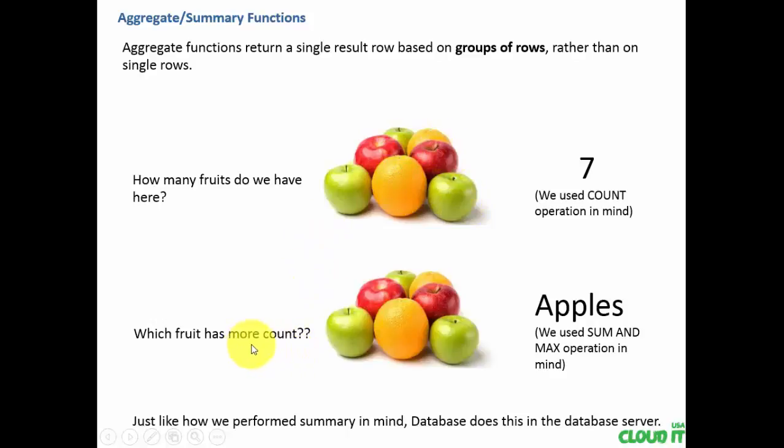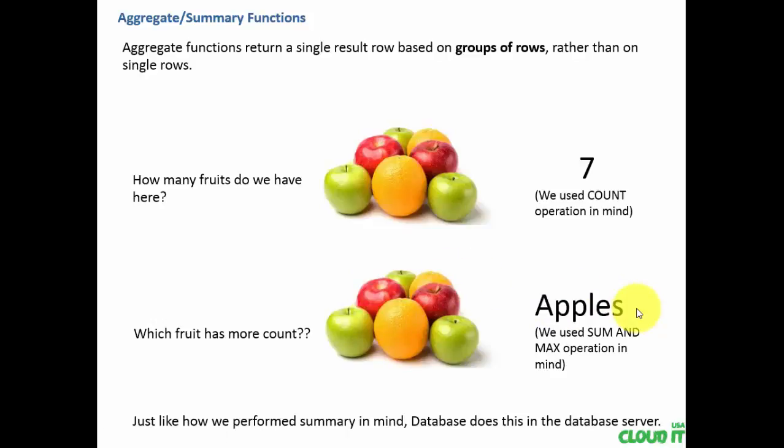Here, which fruit has the more count? Is it the apples or oranges? Let's count. How many apples are there? 1, 2, 3, 4, 5. 5 apples and 1, 2 oranges. Which fruit has more count? Obviously, apples has more count.